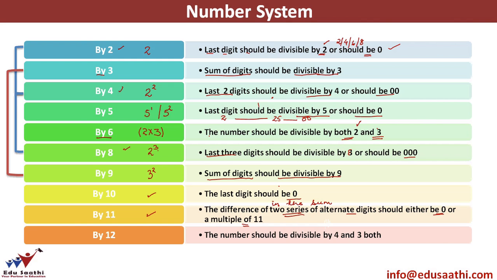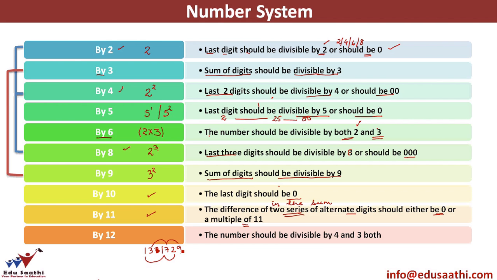So for example, I take the number 1, 3, 1, 7, 2, 9. I look at the two series that I get: 9, 7, 3 and the second series will be 2, 1, 1.